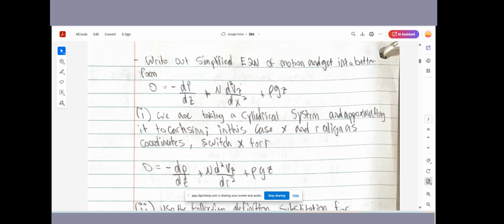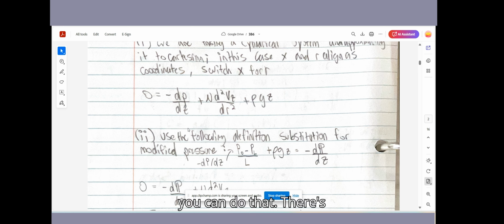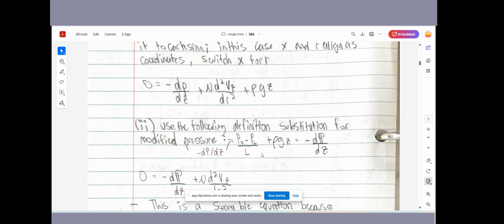And we know negative dp/dz plus rho gz equals the modified pressure, P0 minus PL over L. It's the same thing, because the derivative is the final minus the initial. If this was positive, it would be PL minus P0, but since it's negative, it's the opposite.